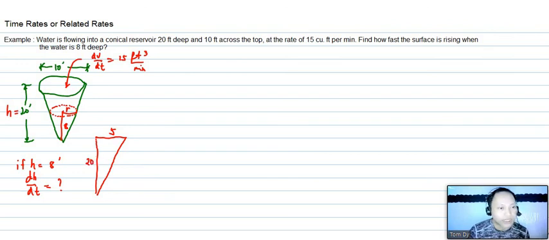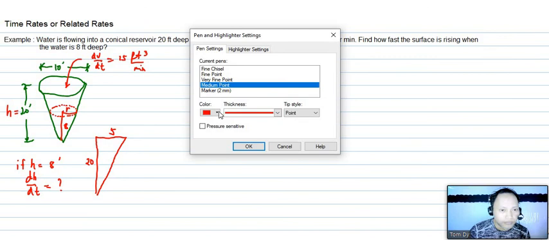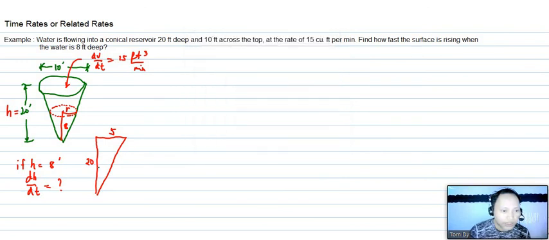So this is our given. And then if the height is 8, this part is 8 and this one is r.